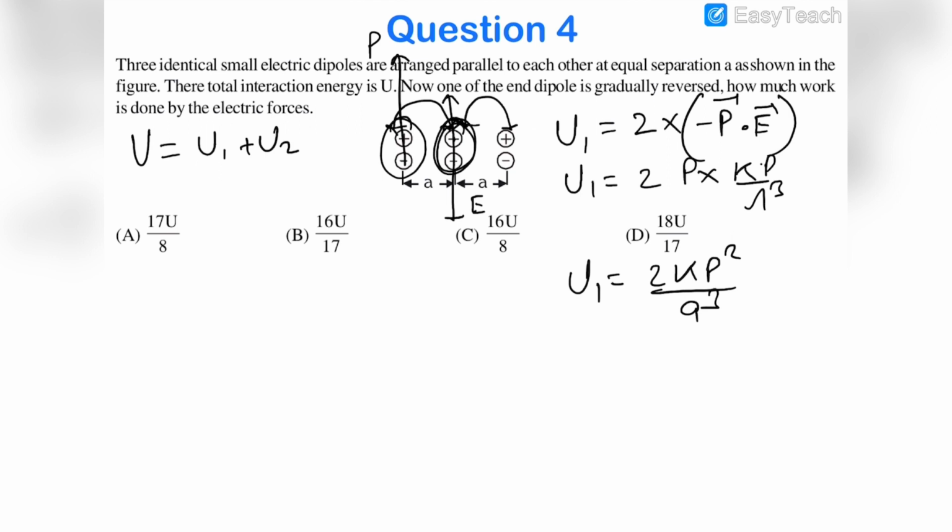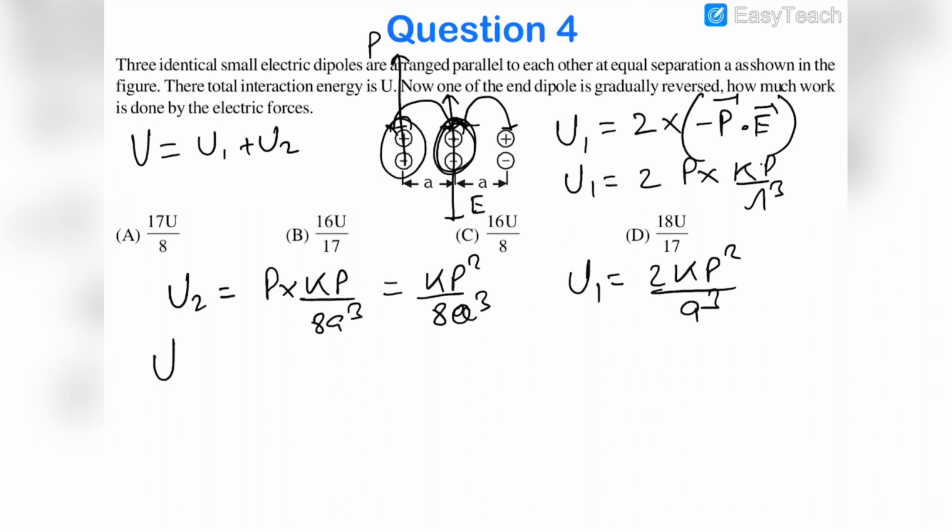And U2 would be the interaction energy of these two dipoles. In this case it would be again P into kP by, the distance is 2a, so it would be 8a cube. So U2 will be equal to kP square by 8a cube.